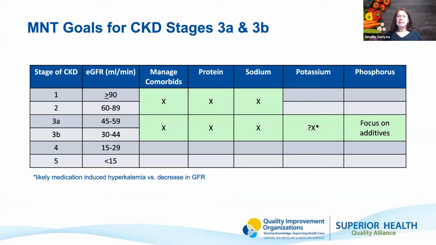You can see potassium and phosphorus are the two things that start to get a little bit more focused in these stages. And potassium, particularly in stage 3B, because once we see the GFR drop below 45, they're going to be more likely to have higher potassium levels because they're not going to be clearing as much.